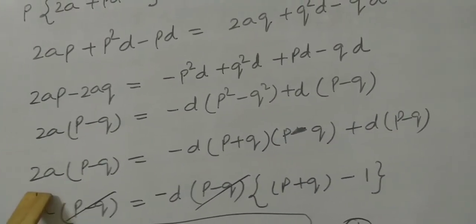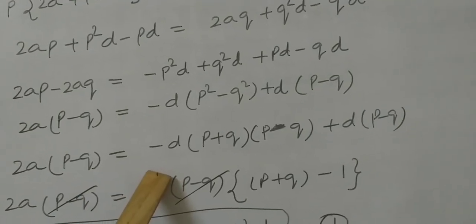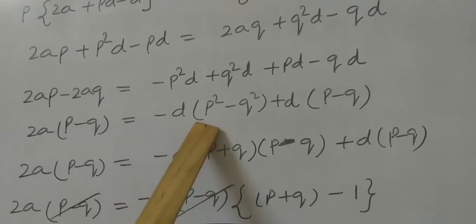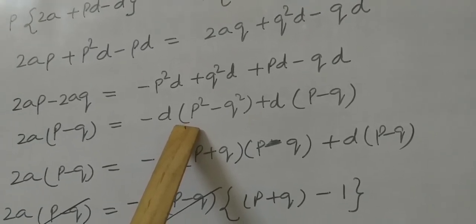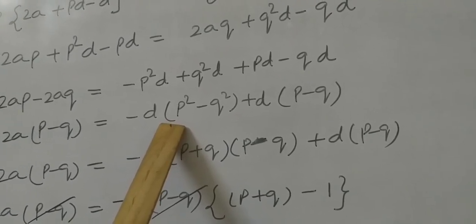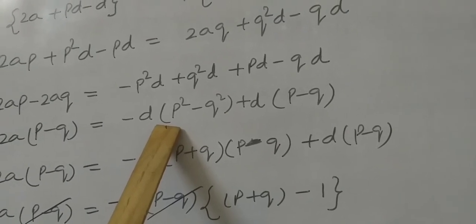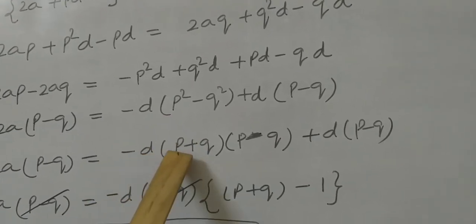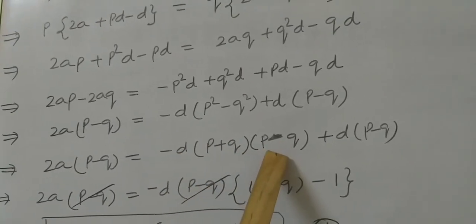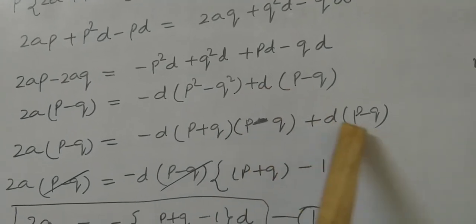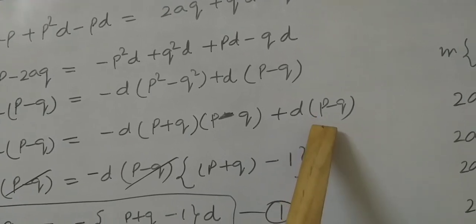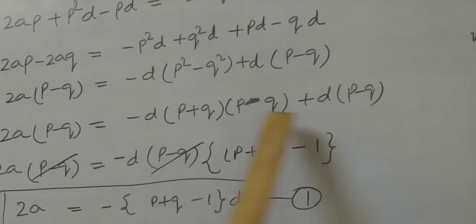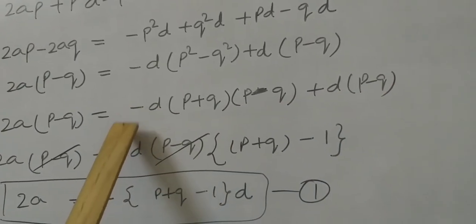Now students, you can see 2A(P minus Q) equals to, now students, the P square minus Q square identity we can use here: A square minus B square is (A plus B)(A minus B). Minus D(P plus Q)(P minus Q) plus D(P minus Q). So you can see in this part D(P minus Q) is common and we are going to take minus also.